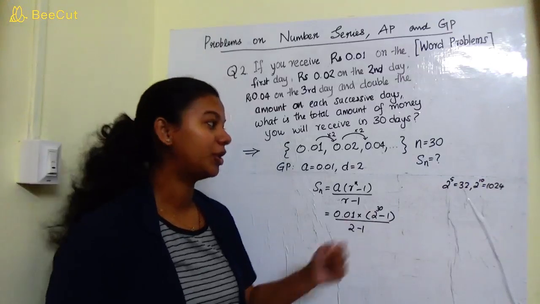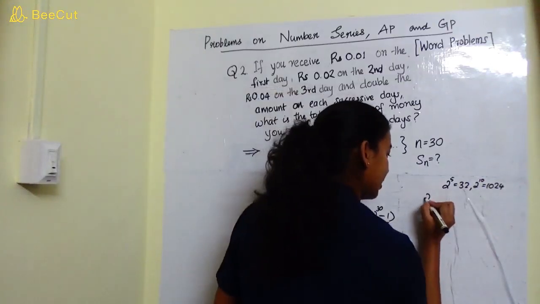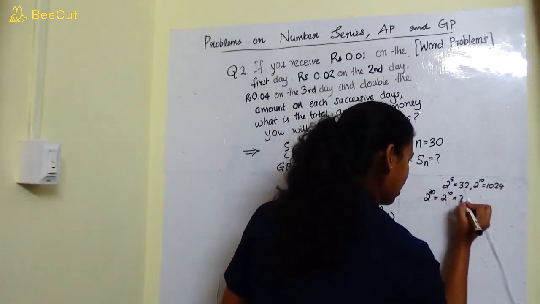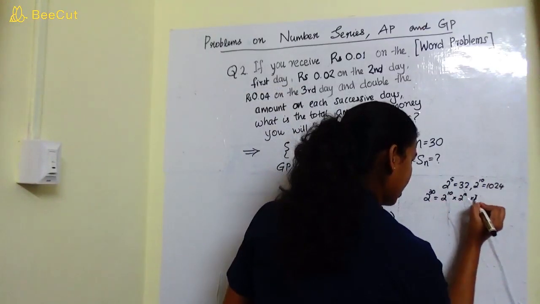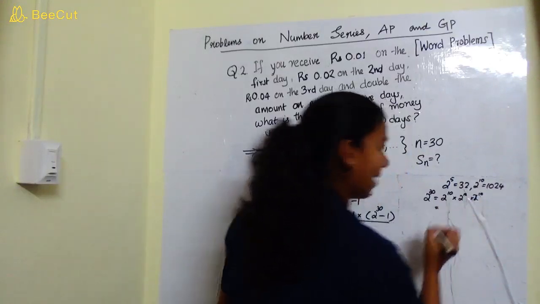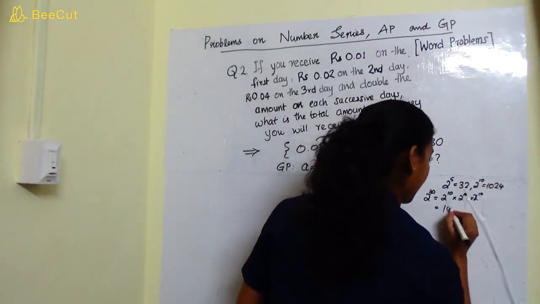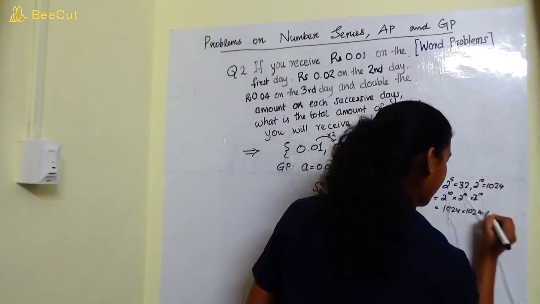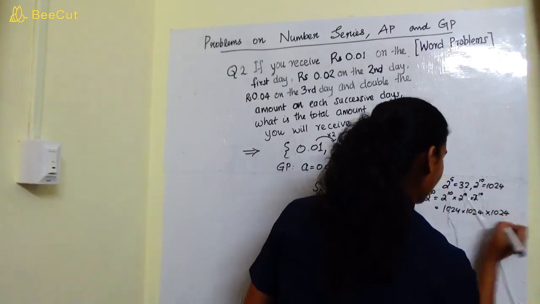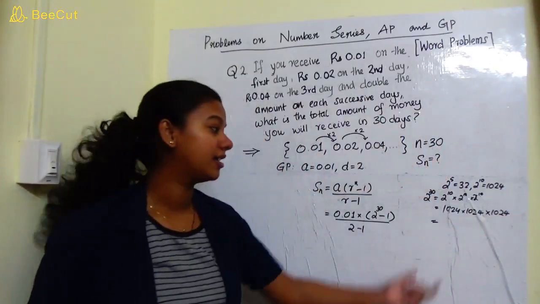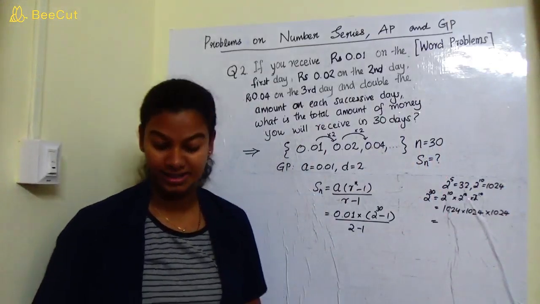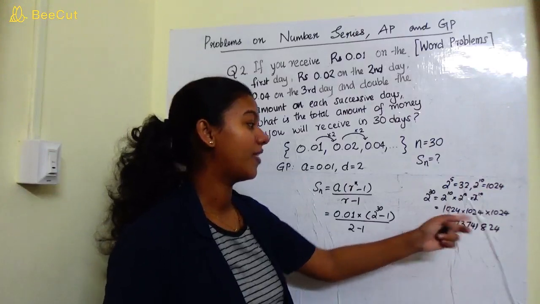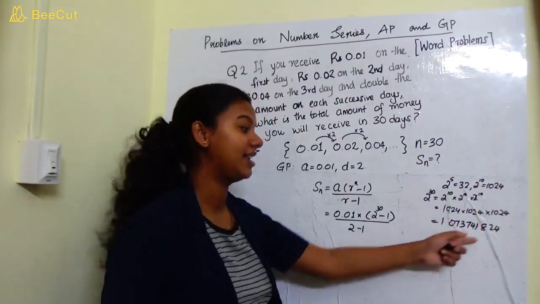So what will be 2 raised to 30? 2 raised to 30 will be 2 raised to 10 into 2 raised to 10 into 2 raised to 10. Right? So that is 1024 into 1024 into 1024, and when you calculate, you will get the answer.